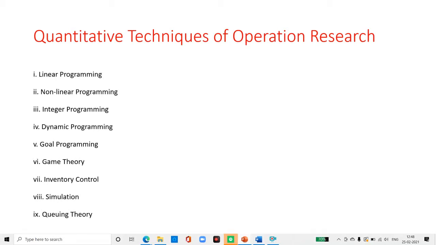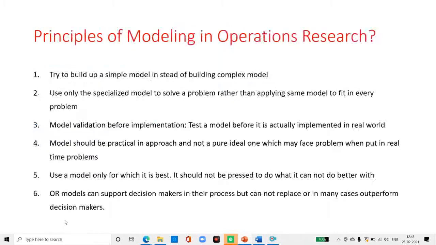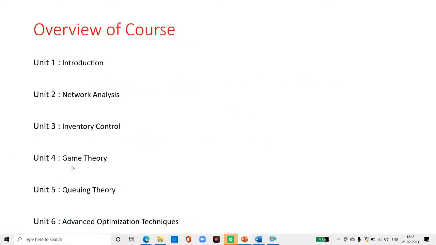In operational research, we discuss the linear programming problem, then the game theory problem, queuing theory also. In the next unit, inventory control, we discuss in detail, game theory, queuing theory.